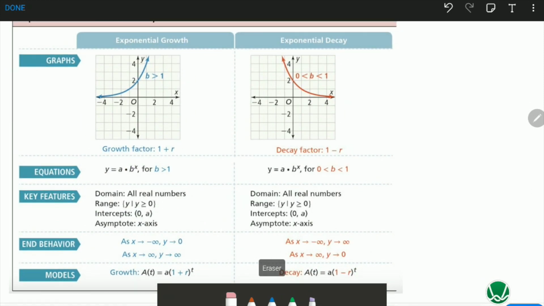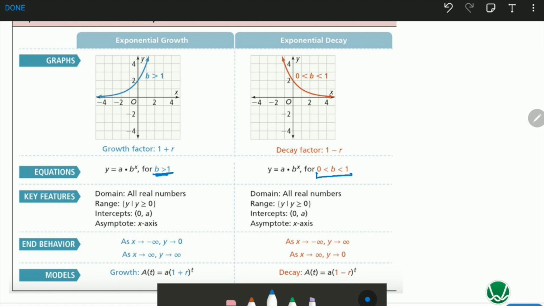For exponential functions, depending on where you look, you could see all types of different equations, just because the use for those equations depends on how they're written. But either way, a growth situation is when that value with the exponent is a number greater than 1, while a decay situation is when that number is between 0 and 1.